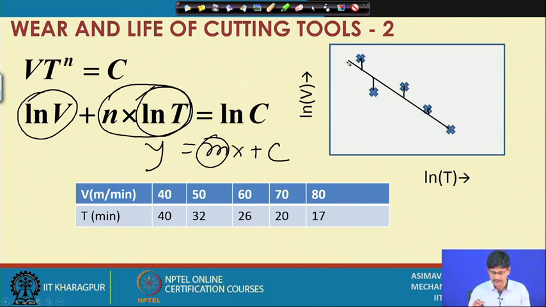So, experimentally obtained values y1, y2, y3, y4, y5 and the fitted curve, these y values have a difference. So, delta y1 square plus delta y2 square plus delta y3 square, this way if we sum up, the sum of the squares of these errors will be minimized. This can be done very elegantly by mathematical manipulation.